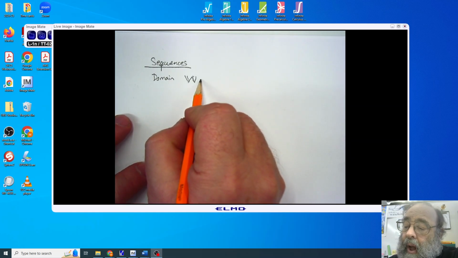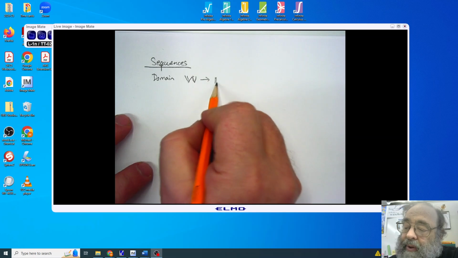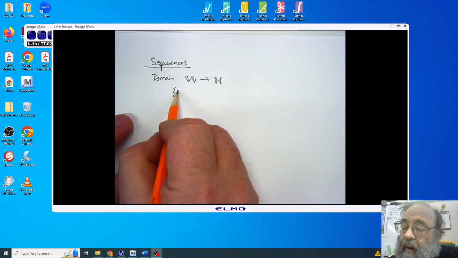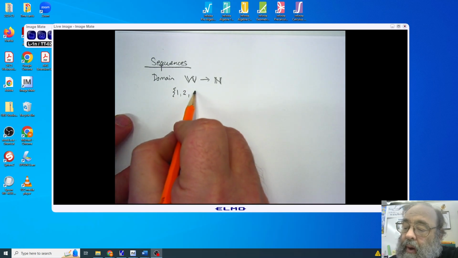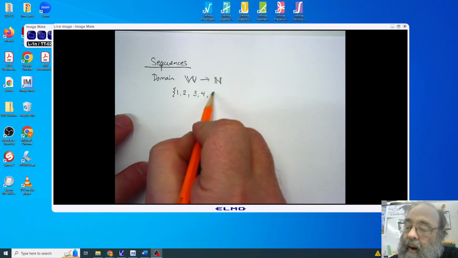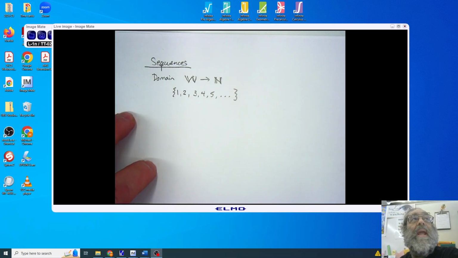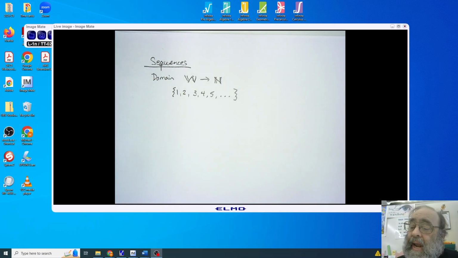The natural number set are all of those values that are positive. So we're going to be using 1, 2, 3, 4, 5, all the way up to whatever value we need. And this is the domain of our sequences.